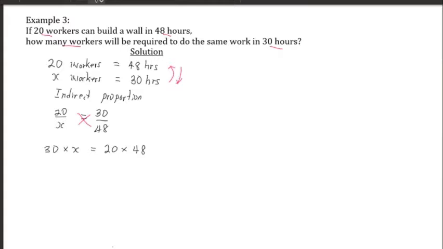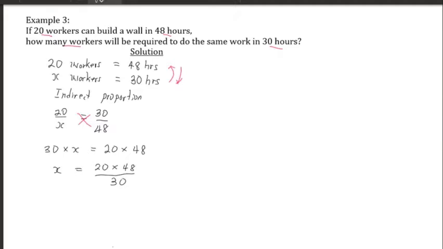It can be either way around, 48 times 20 or x times 30, and either of them can be on the left or on the right. When I divide both sides by 30, since I'm looking for x, I'll get x is equal to 20 times 48, all divided by 30.